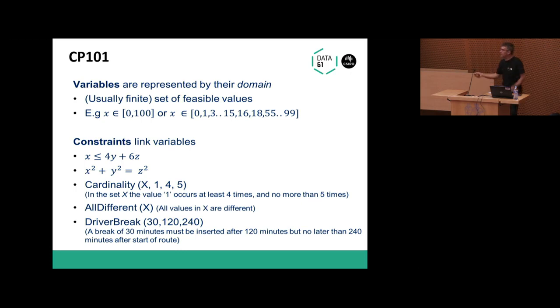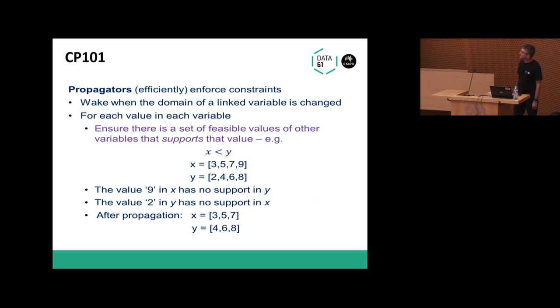Or I might have an all different that says in the set X, every single variable in that array has different values. And I can define my own constraints in a VRP context, where I might have a constraint that says I need a half-hour break between 120 and 240 minutes into the route.